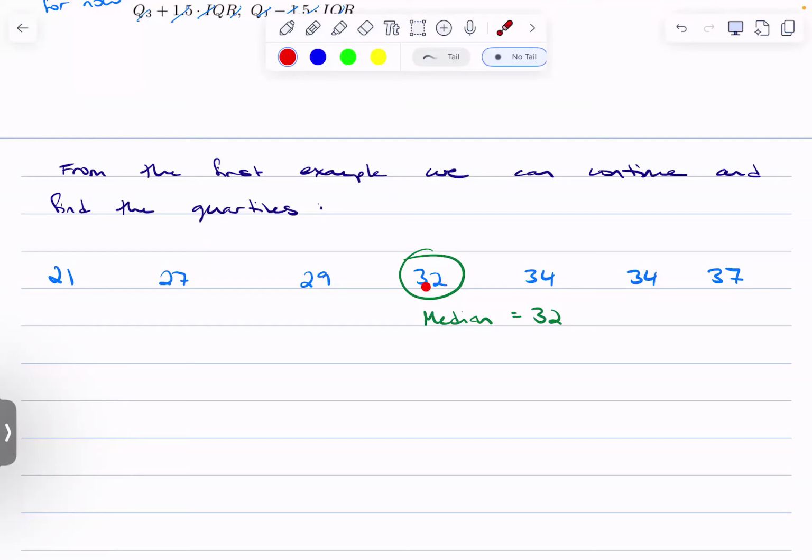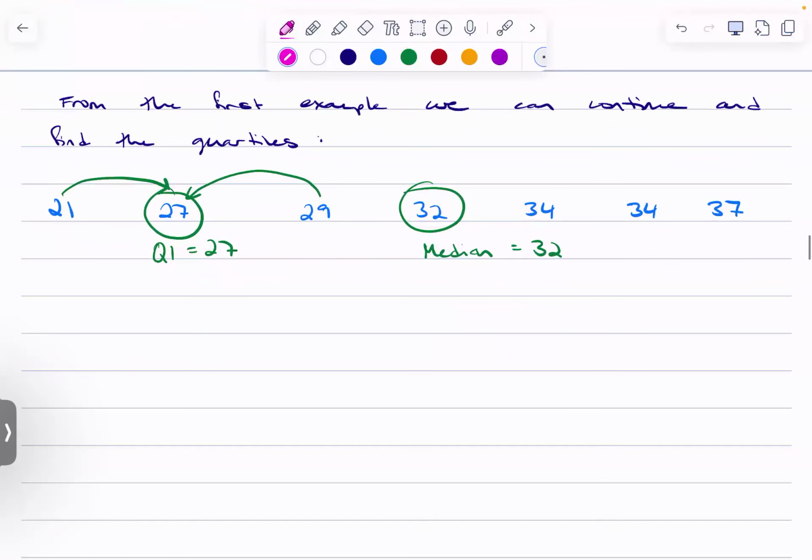So from the median, we already used 32 as our median. And so now my boop is going to start at 29 and 21. Which means that my Q1 is 27.